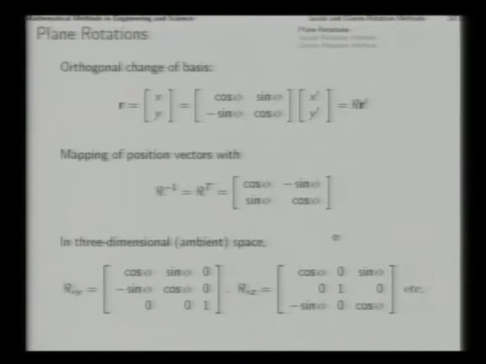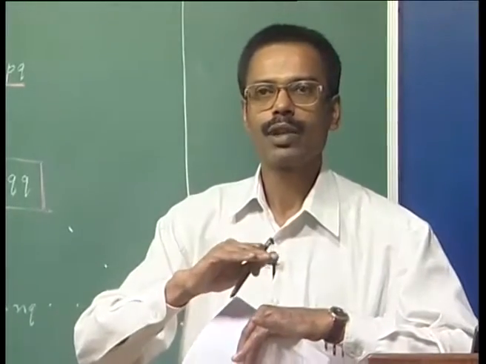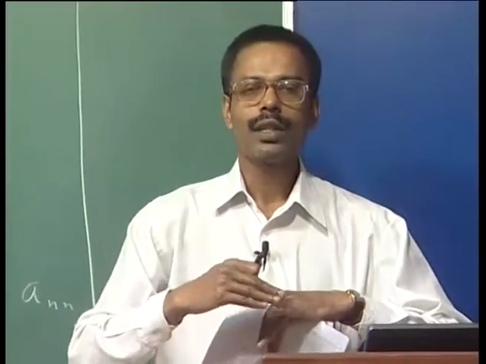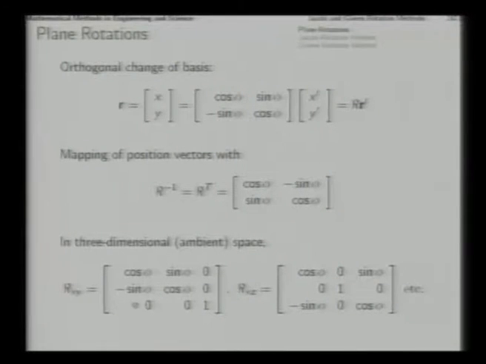So, corresponding to this matrix in the xy plane, you will have this matrix, in which the third column and the third row are the same as the identity, which basically means that in this rotation in the xy plane, the z coordinate does not change and the z coordinate does not affect the x and y coordinates at all. That fact is obtained through this row and this column.